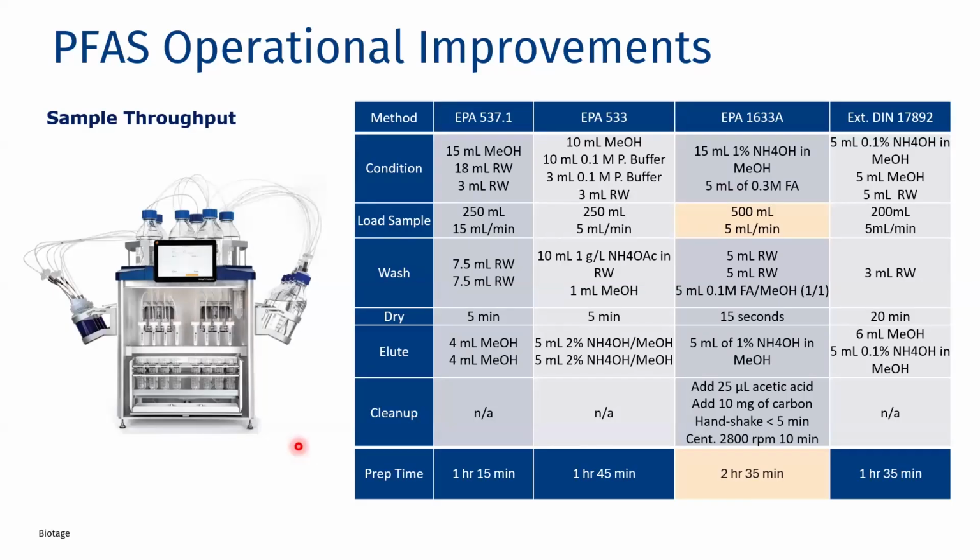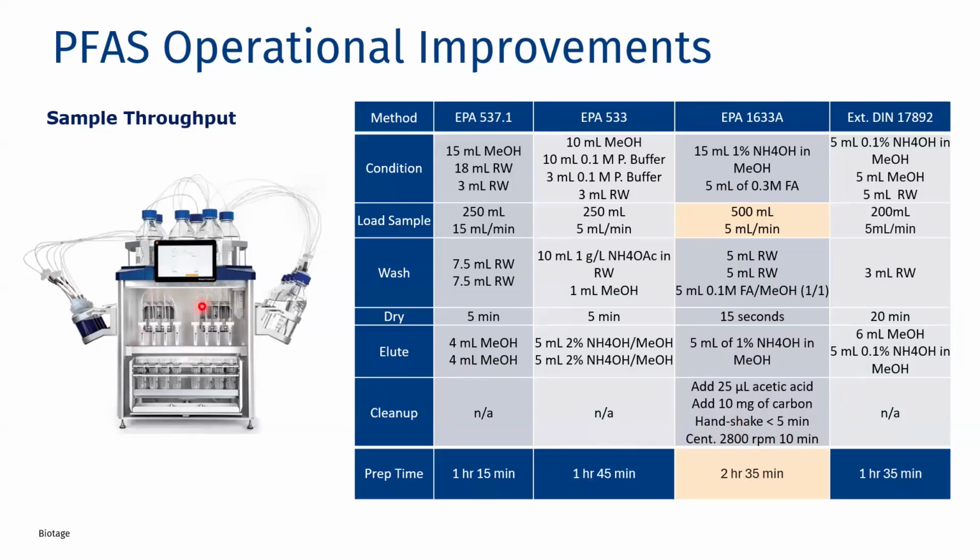And so when we look at just the sample prep time that it takes to do the SPE portion of the extraction, we can see that for most of the EPA methods and the DIN methods, total prep time on the Prep Expert 8 is below 2 hours. However, EPA 1633A is greater than 2 hours. It's 2 hours and 35 minutes to process your samples.